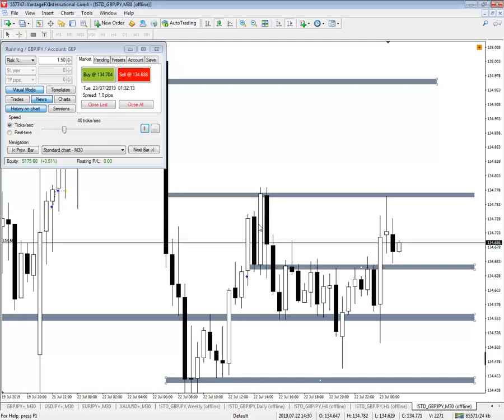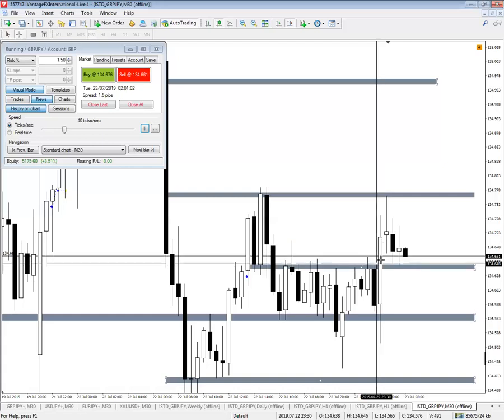So price came and hit our target. But there was no confirmation for buys at this point because there was no retest.